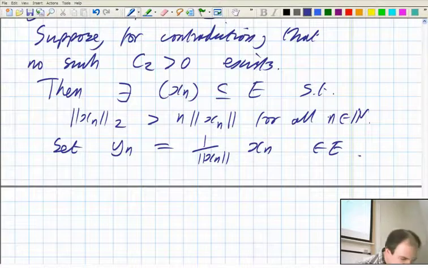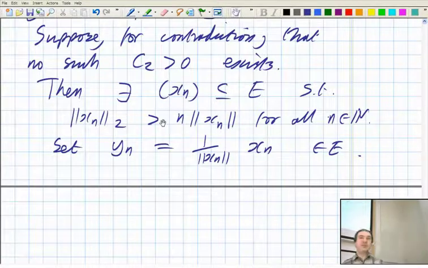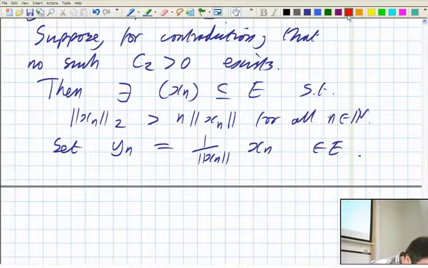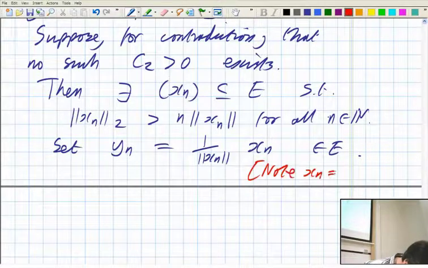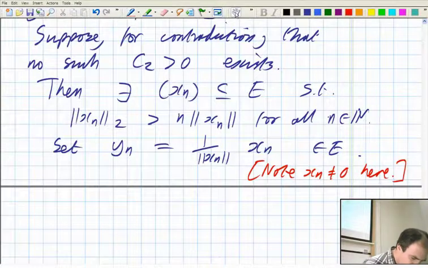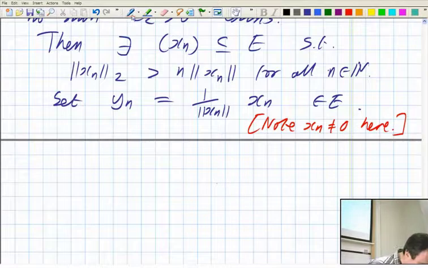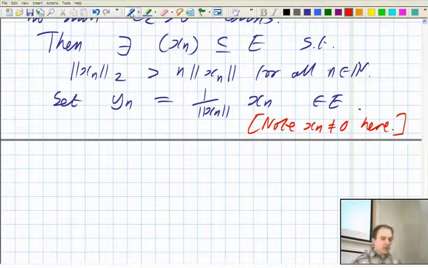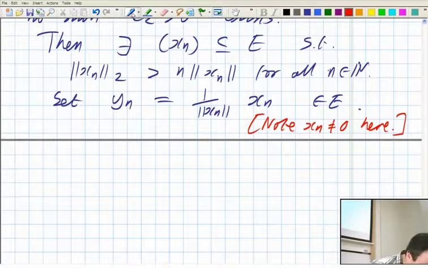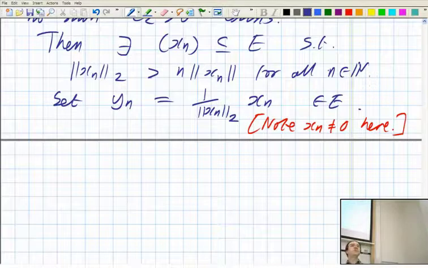Because, of course, just like last time, that strict inequality shows that xn is not 0. So let me note, for safety, xn is not the 0 vector here. Then let's have a look. That should be norm xn2 I want to divide by, because I want it to be normalized with respect to norm 2, not with respect to norm.